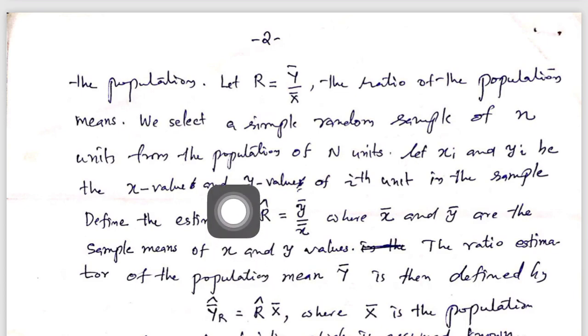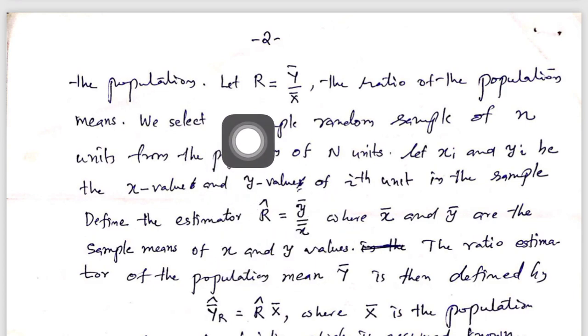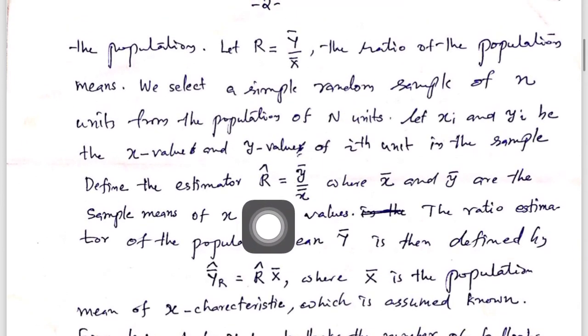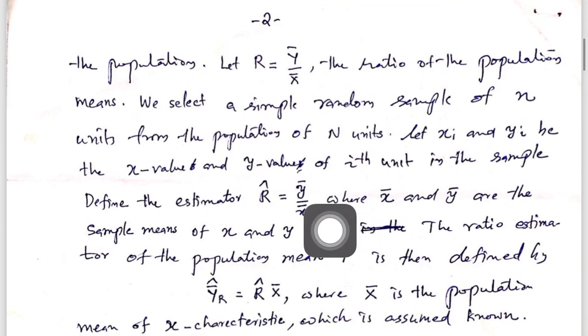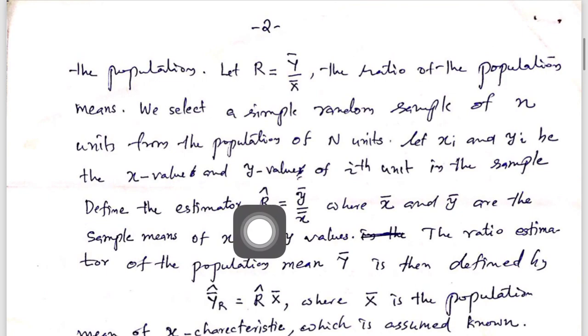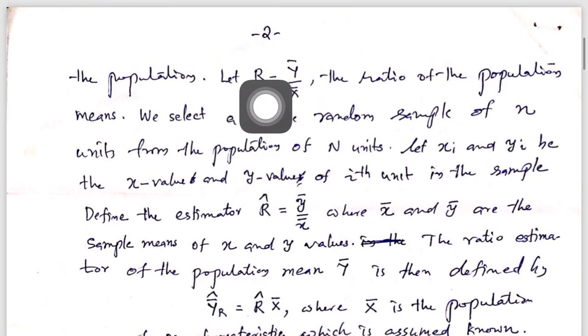Actually, you can see that this r hat has a resemblance to capital R, because in capital R, the numerator is population mean of y and the denominator is population mean of x, whereas in r hat, the numerator is sample mean of y, and in the denominator sample mean of x. So actually this r hat can be used to estimate this capital R.